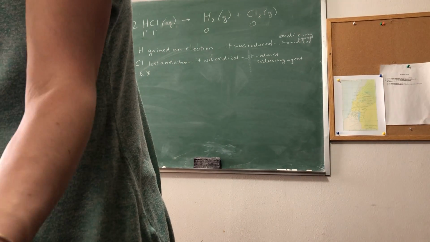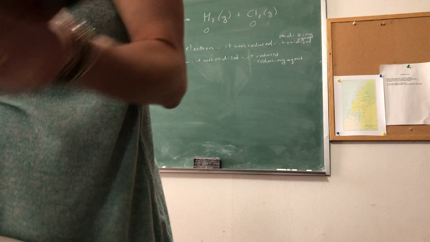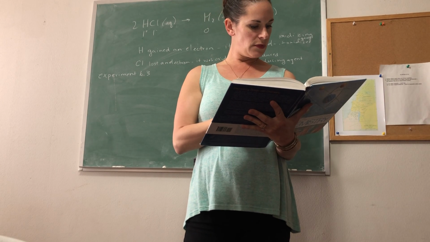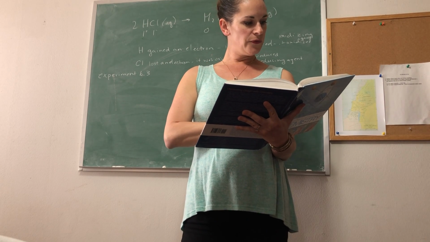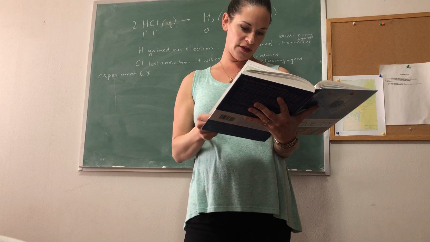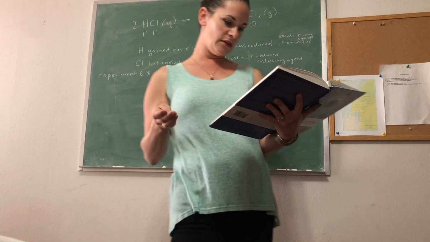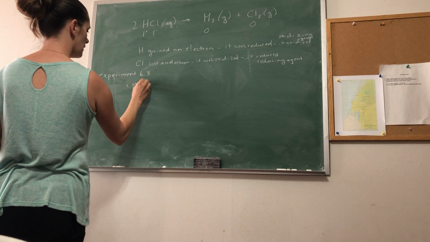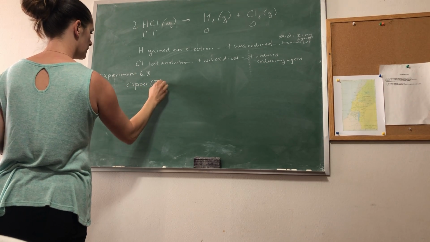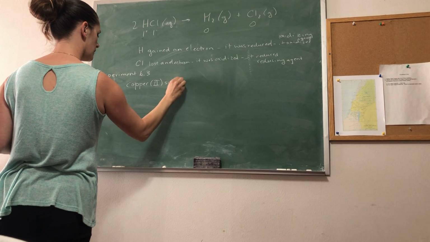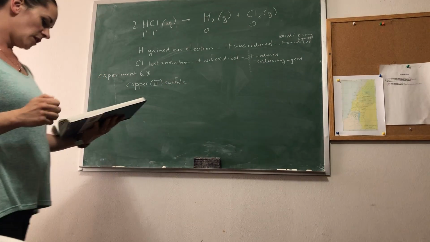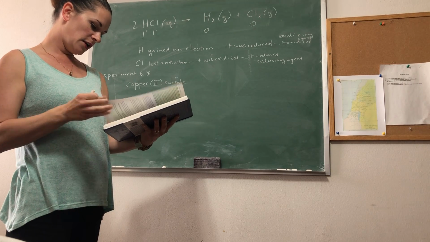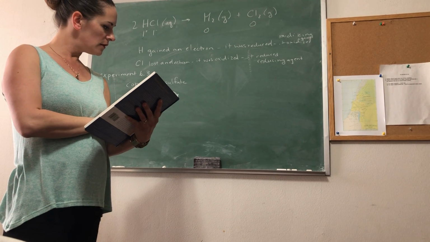So we had a nail that was galvanized, which means it's coated in zinc. We dissolved copper 2 sulfate into water, and then put the nail in it.